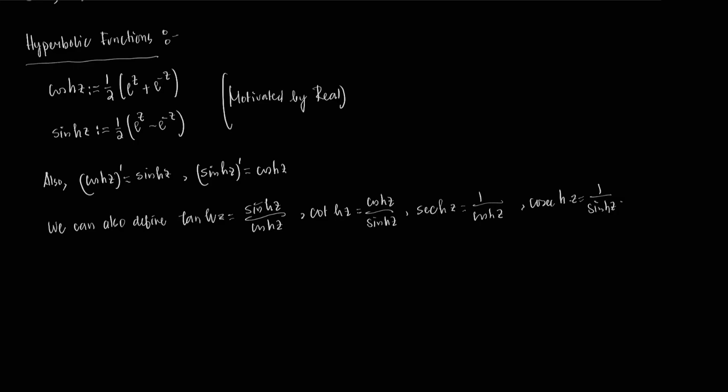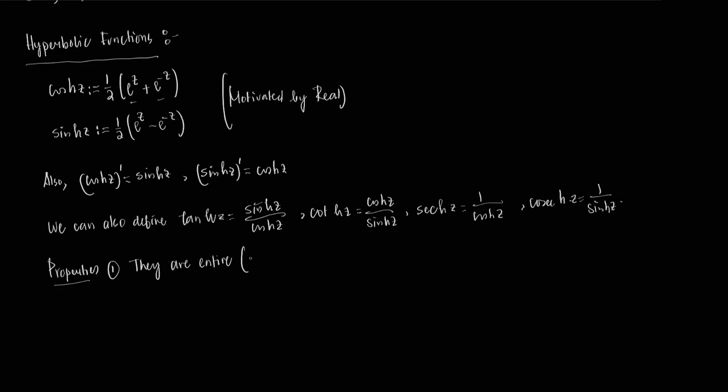Now the properties. First of all, do you think that hyperbolic functions are going to be bounded? They are never going to be bounded. Number one, they are entire functions. Why entire? Exponential z is entire, exponential minus z is entire, so if you sum those two up and divide by half, that's going to be entire.